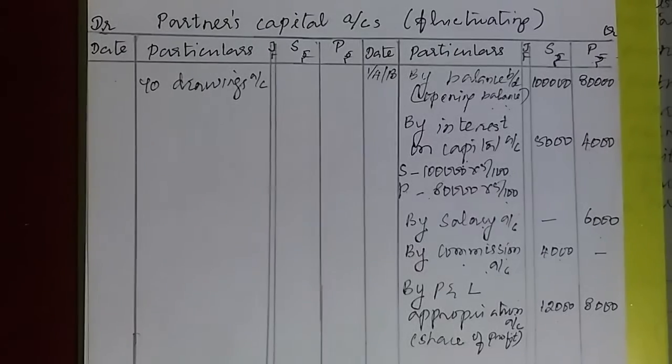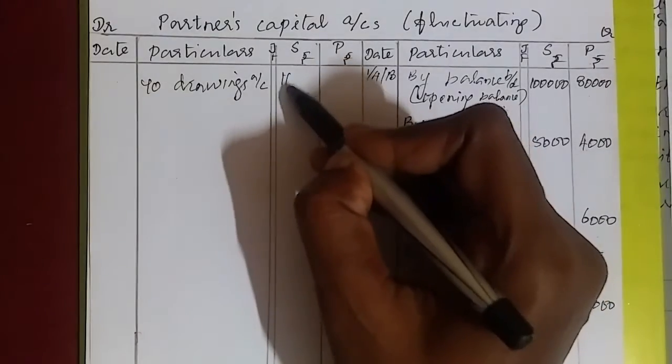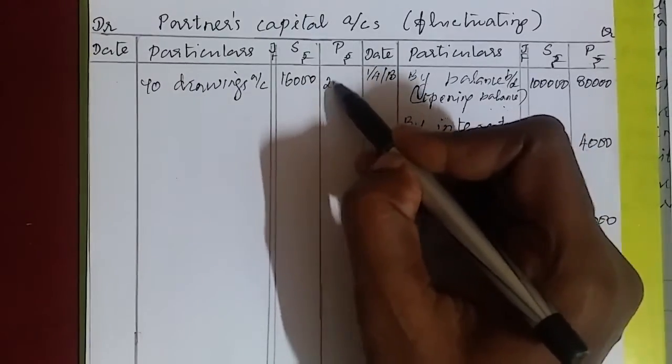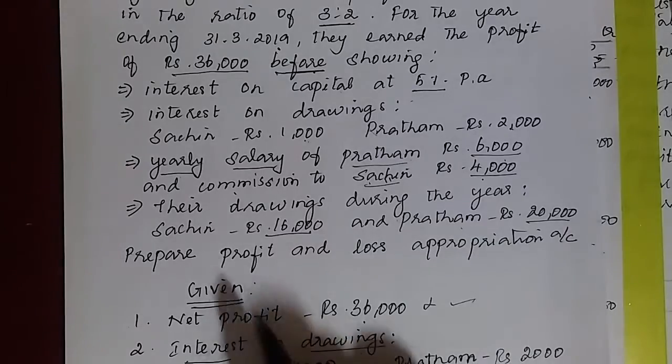How much drawings was given in the question? The drawings amount was 16,000 for Sachin and 20,000 for Pratham. See this, otherwise you won't understand.